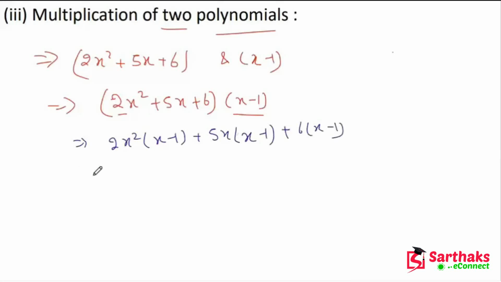Now if we solve it, we get 2x cube plus 3x square plus x minus 6. This is our answer. I hope you get this point.